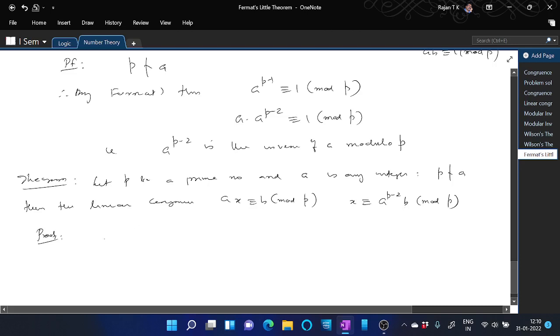Now we have to prove this. Given p does not divide a, and therefore by Fermat's theorem we have a raised to p minus 1 is congruent to 1 mod p.